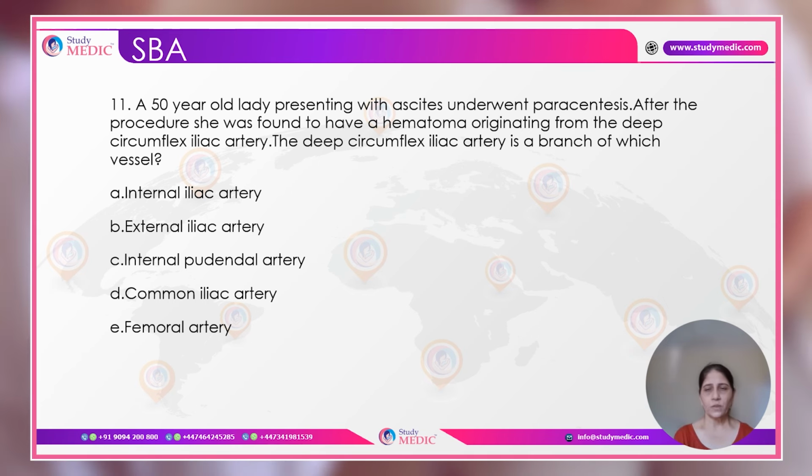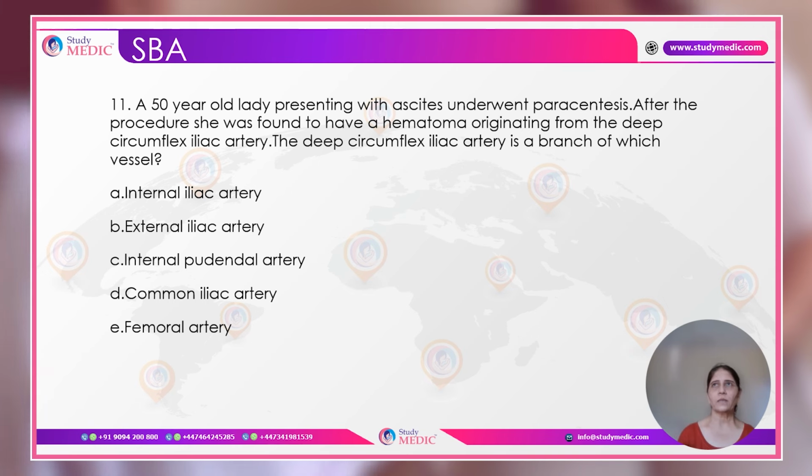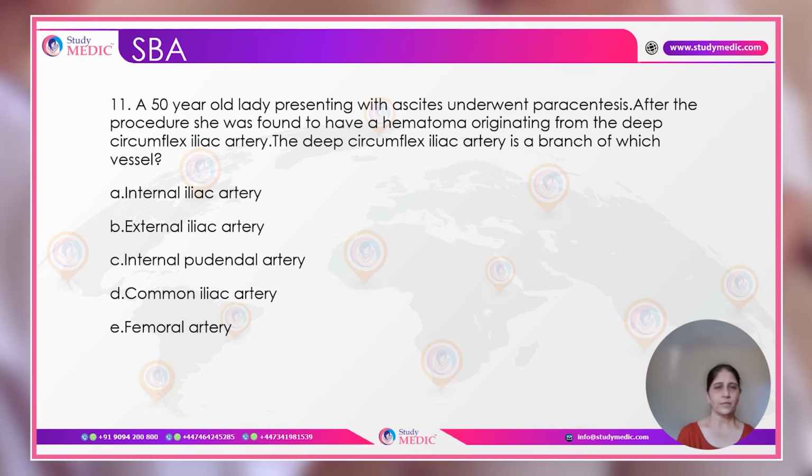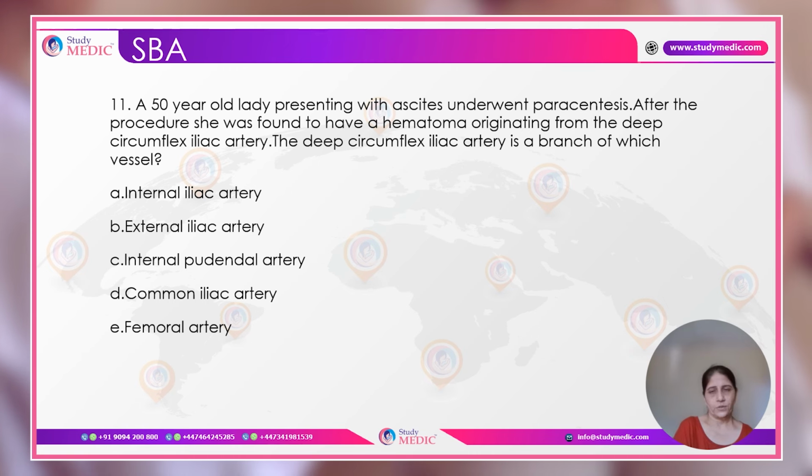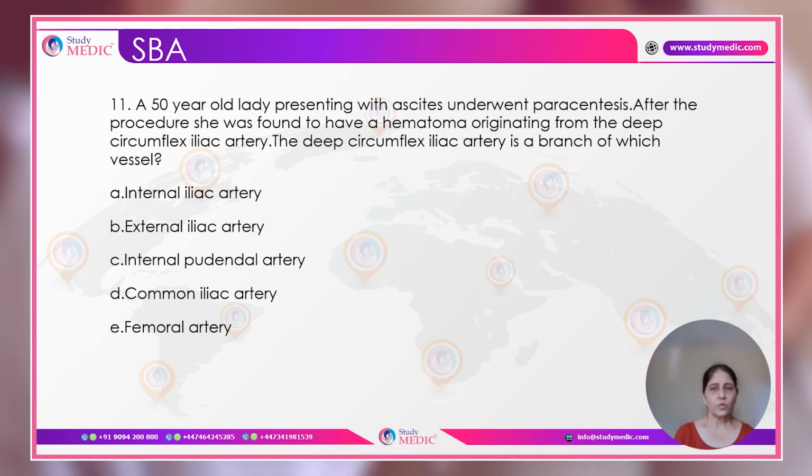The hematoma is in the iliac fossa on the inferior aspect, and your consultant says that this hematoma has arisen because of damage or trauma to the deep circumflex iliac artery. So the question is, the deep circumflex iliac artery is a branch of which vessel? We know that the trauma that has arisen is because of a superficial branch.